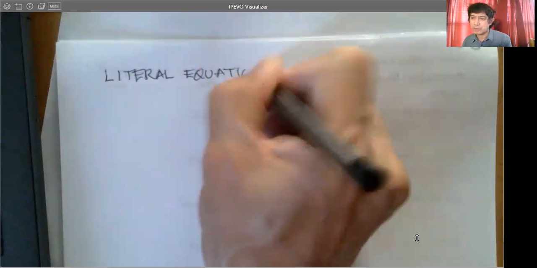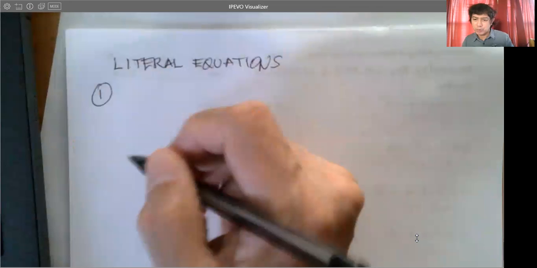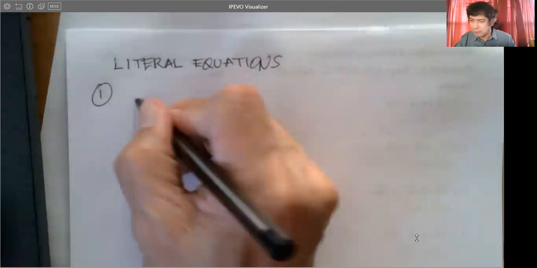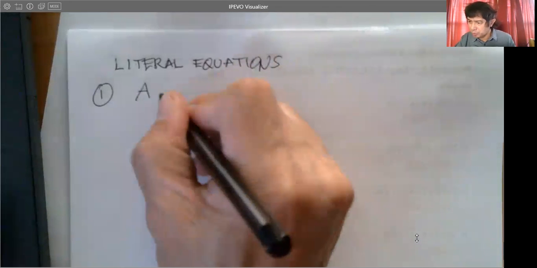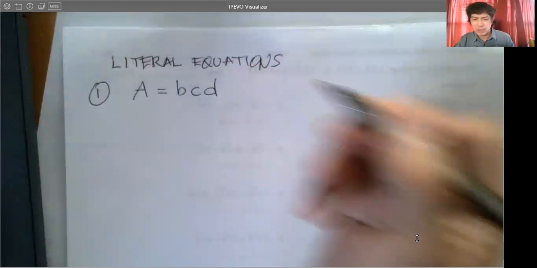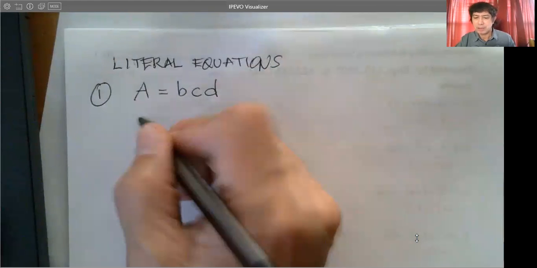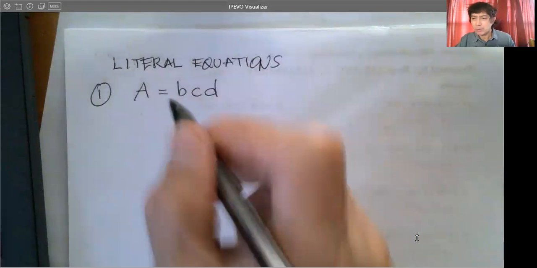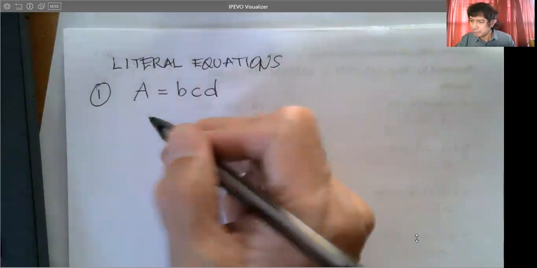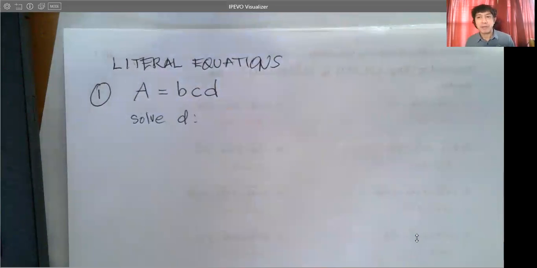Now, for the first number, we shall use a given equation: A equals B, C, D. And let's say we solve D in terms of the other variables.